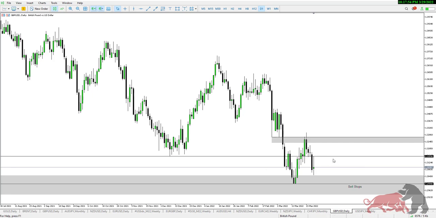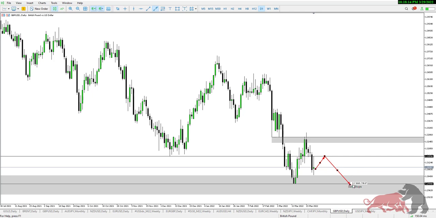Right now, fair value, we've got it located at 1.31, the 2021 low, and the fair value gap on the weekly time frame, right? So shorting opportunities are ideal when price returns to this level here.